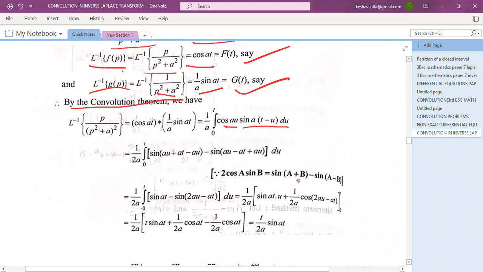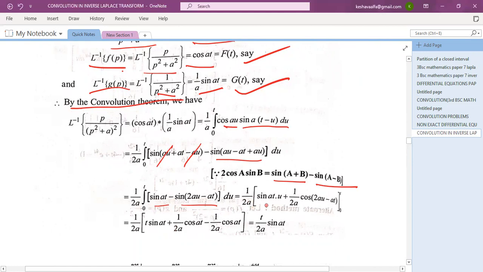So the cos a sin b formula is 2 cos a sin b is equal to sin of a plus b minus sin of a minus b. So integral 0 to t, sin of au plus at minus au, and sin of this. For simplification, we get sin at, this au gets cancelled. So sin at minus sin of 2au minus at du.